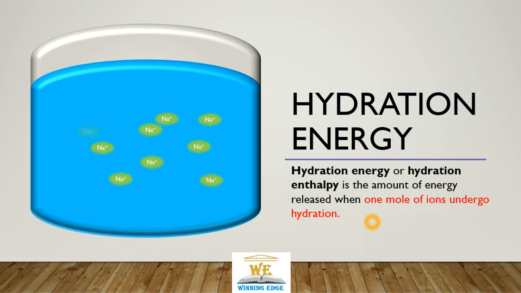Let's say, for example, sodium ions. They undergo hydration in aqueous media and release energy. That energy for 1 mole of sodium ions is called the hydration energy for sodium.